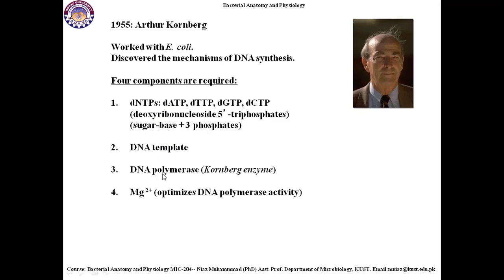Three, DNA polymerase, Kornberg enzymes, which are responsible for replicating the DNA into daughter strands. And four, magnesium, which optimizes DNA polymerase activity. These four are required for the synthesis of bacterial DNA.